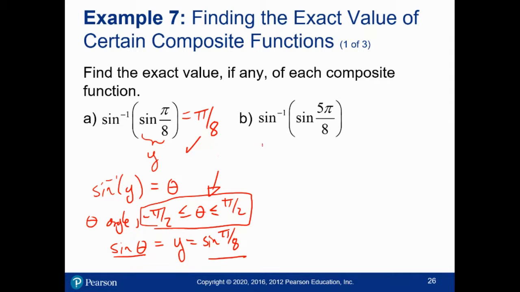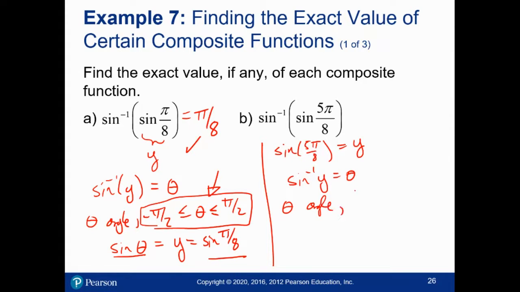But in part B, if I do the same argument, let's call the sine of 5π/8 y. Then the arcsine of y, I'll call theta. So theta is an angle. It's got to be between plus or minus π/2.